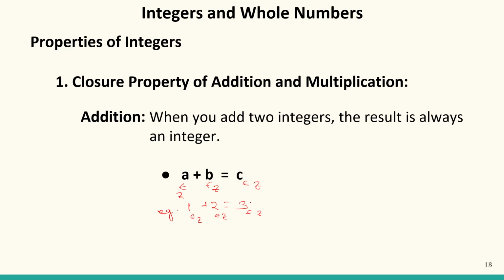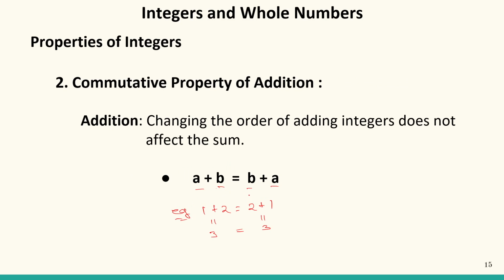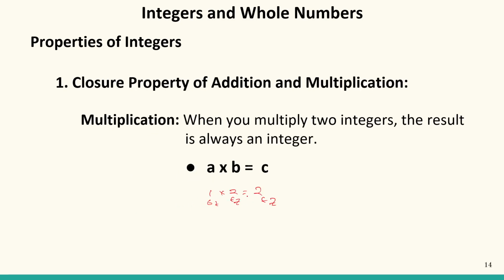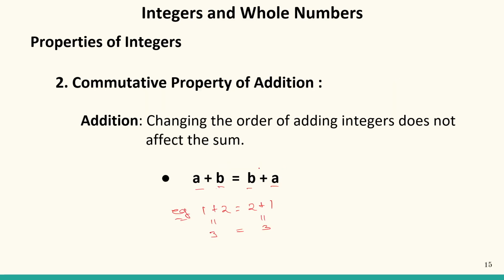And the second property, that is the closure property for multiplication, told us that if a and b are integers, c will also be an integer. That is 1 into 2 is equal to 2, that belongs to integers. So we can see that if we multiply two integers, we'll get another integer. That's what the closure property tells us.